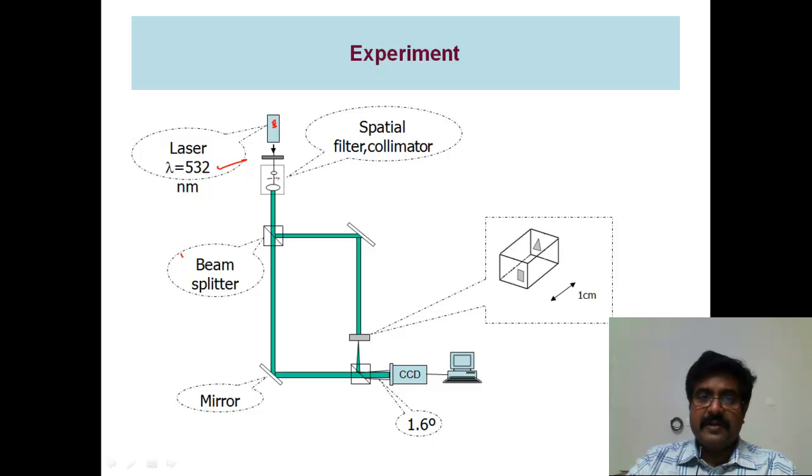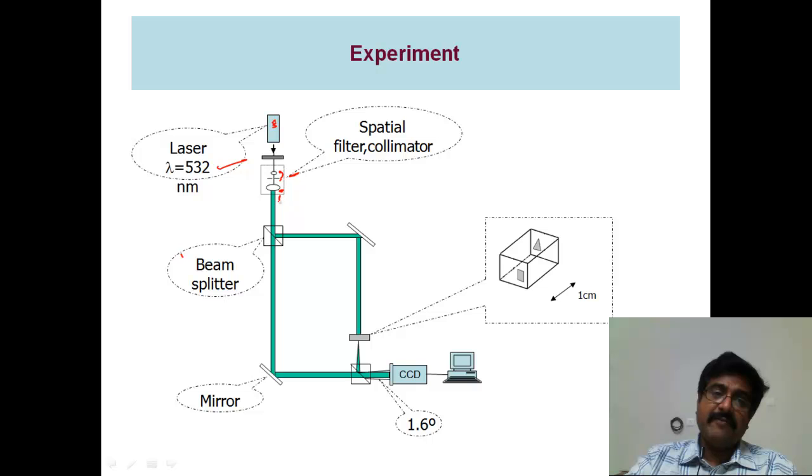There is a spatial filter and collimation assembly, which contains a pinhole and a spatial filter, which removes the noise in the beam, and a convex lens, that is a collimator, which makes the beam parallel. So we get a plane wavefront out of this.